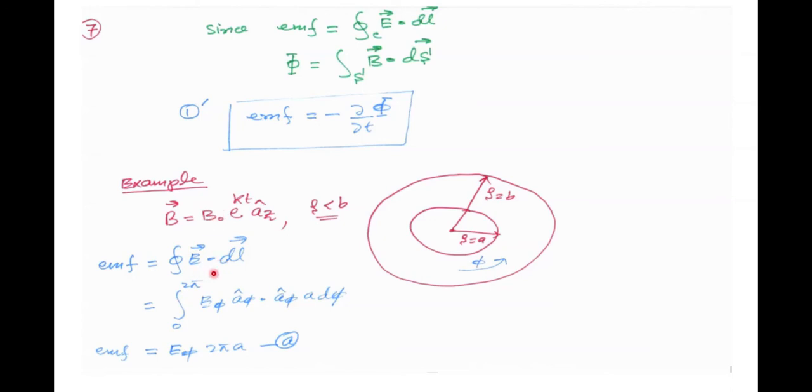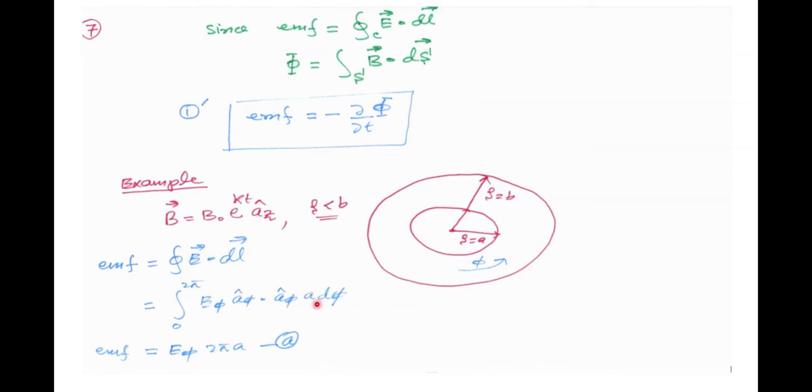Consider rho equal to a as a path, the internal conductor of cylindrical shape. As we know how to write dl in a cylindrical coordinate system, by virtue of symmetry there is no variation in the phi component of the electric field in between rho equal to a and rho equal to b. So we can easily write the above relation as E phi a phi unit vector dot a phi a, over the surface rho equal to a.